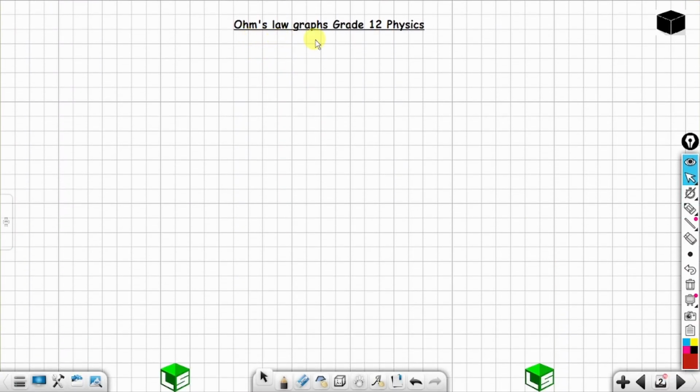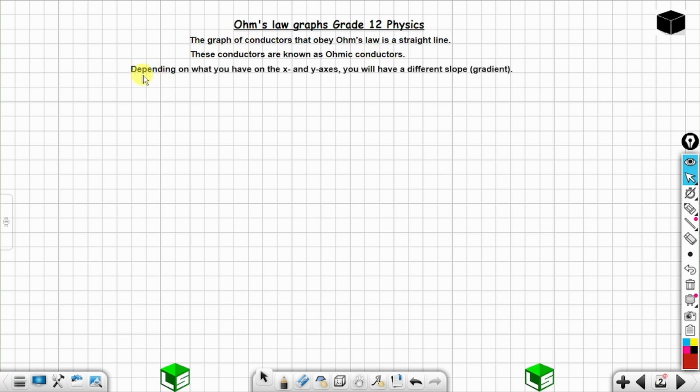Ohm's law graphs, grade 12 physics. The graph of conductors that obey Ohm's law is a straight line, and these conductors are known as ohmic conductors. Depending on what you have on the x and y axis, you'll have a different slope or gradient.